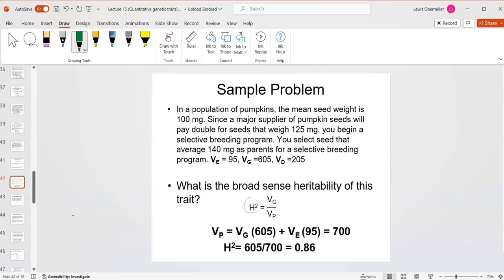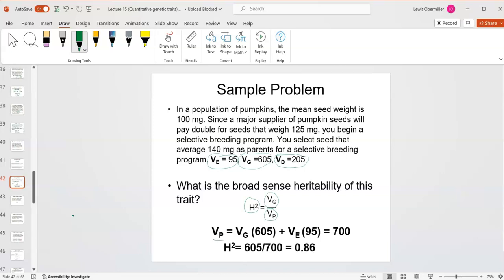So we have broad sense heritability is VG over VP. We know from the problem that our VE is 95, our VG is 605, and our dominance variance is 205.